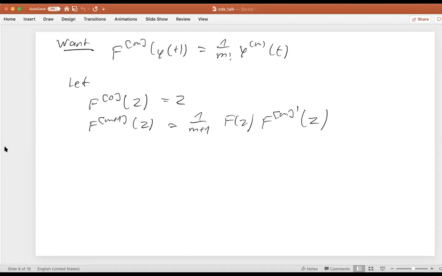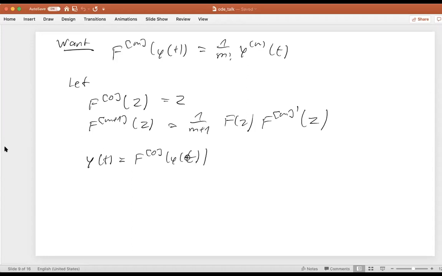Well, first, we know that y of t is just f_0 of y of t, because f_0 is just the identity function.